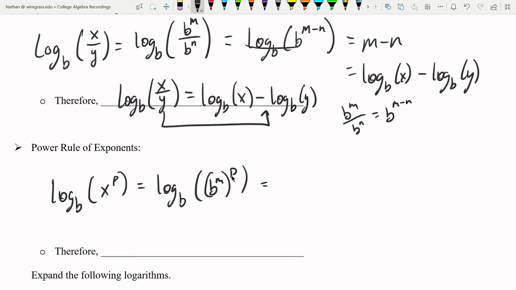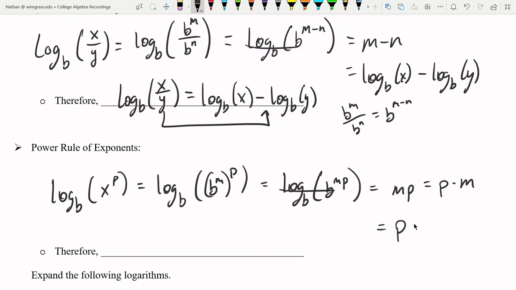And power to a power here, I can multiply the powers together. Well, now I have log base b of b. I can remove that and write m times p. I'm going to actually write it like this, p times m, and m is just log base b of x.